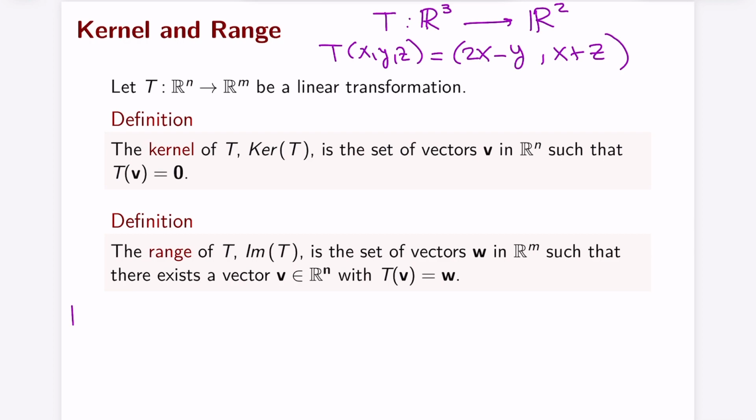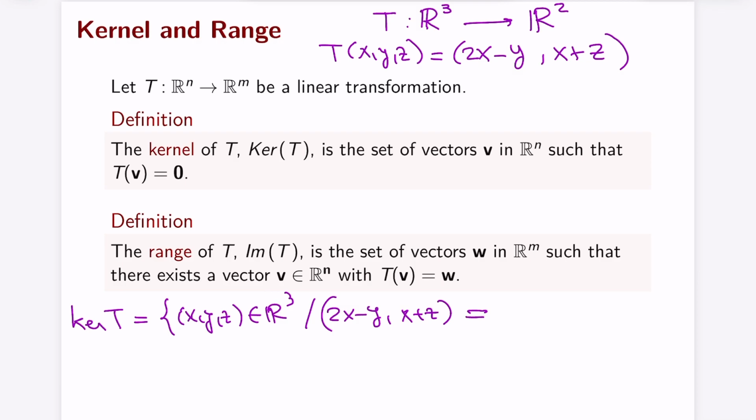Well, according to this definition, the kernel of T is the set of vectors in the domain, the x, y, z in R3, such that when we transform them to (x minus y, x plus z), I obtain the vector 0, 0 in the codomain. So the set of vectors that when transformed, they are 0.